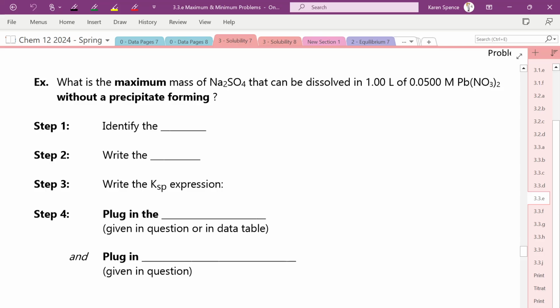A square root is x to the one half. A fourth root is x to the one quarter. Taking a cube root is x to the one third.